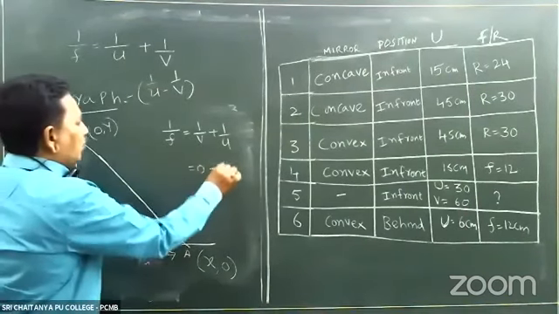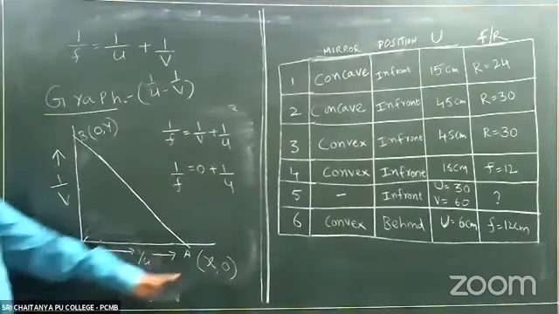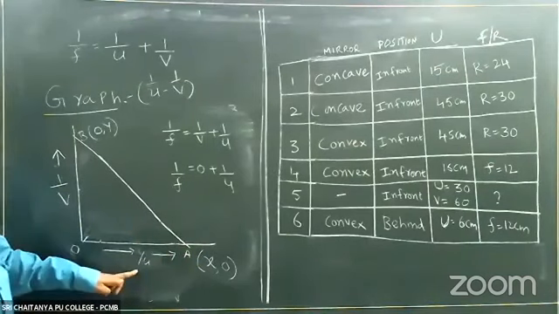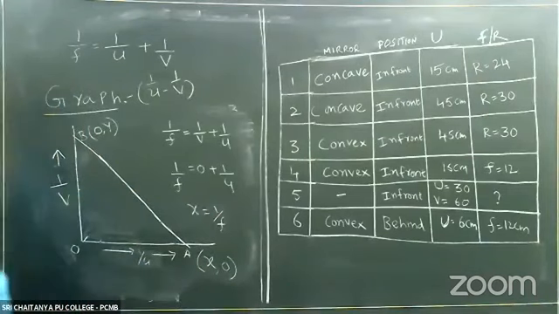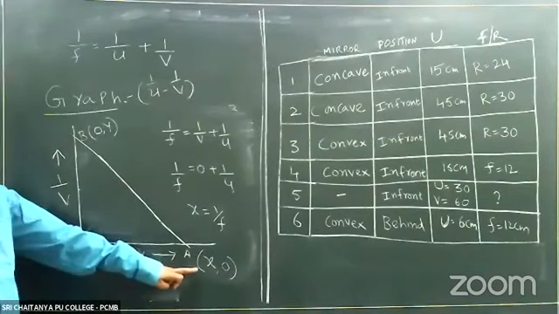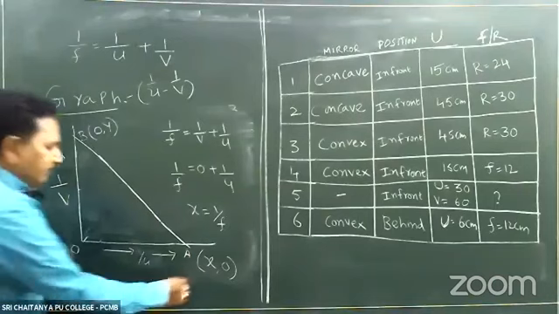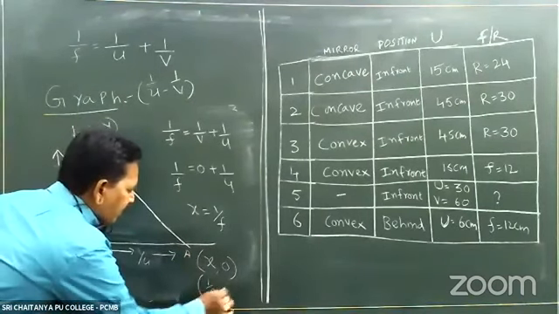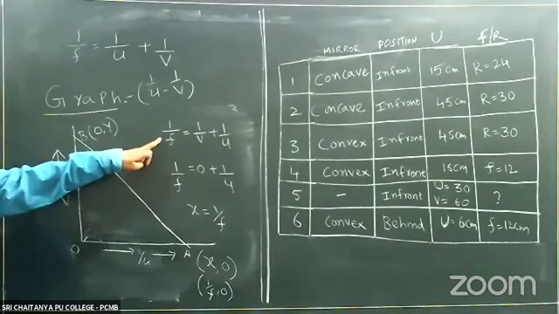Then 1 by u is equal to 1 by f. 1 by u is nothing but x. Therefore, x is equal to 1 by f. What is the x value? 1 by f. What is the y value? 0. Therefore, what are the coordinates of A? The coordinates of A are 1 by f comma 0. Now, apply this formula to this point.